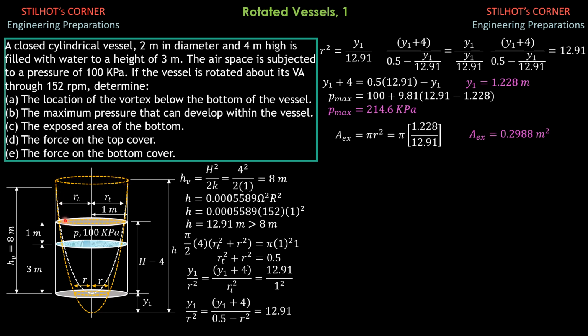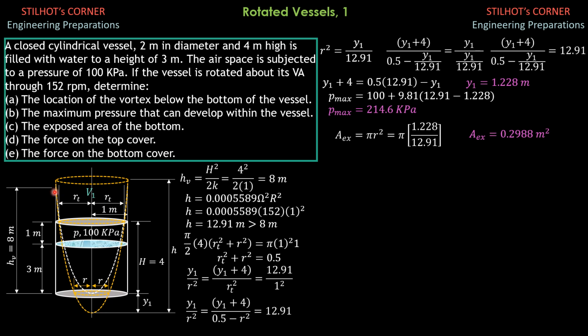has two bases, one of radius 1 meter and the other of radius r sub t, which can be solved because r_t square is 0.5 minus r square, and we have found r square already. And we will call the volume of imaginary air above the top cover V1, as shown.